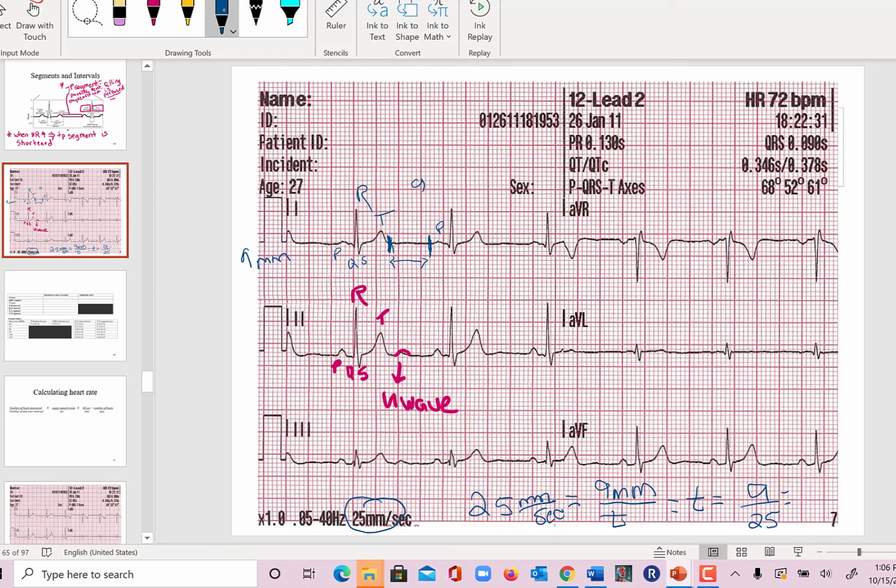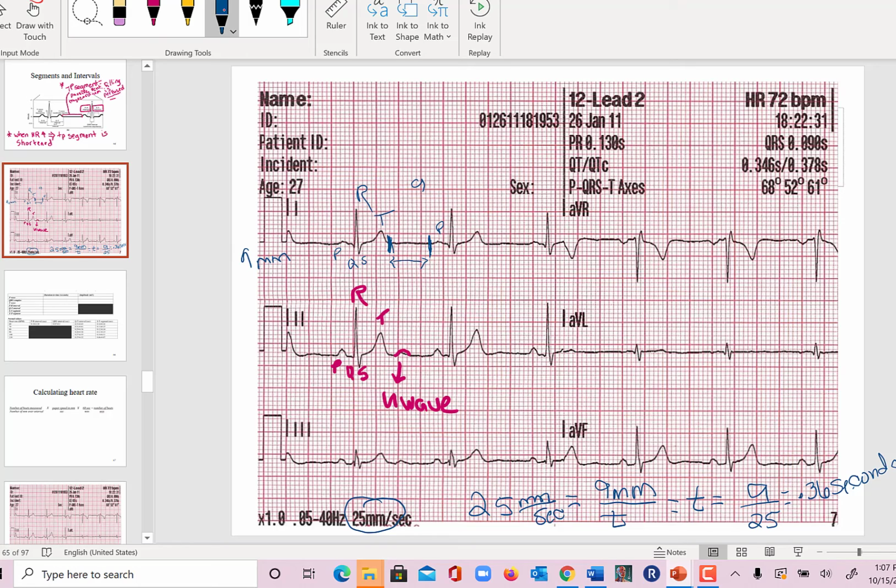And this person now has a TP segment of 9 divided by 25. We have to show proper units. 9 divided by 25 is 0.36 seconds. That is their TP segment.